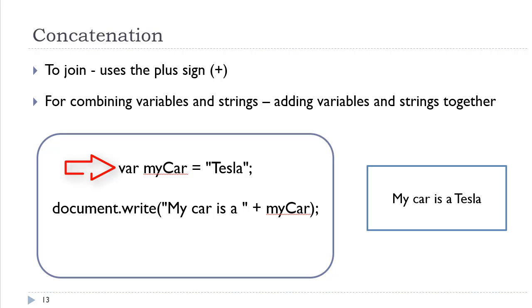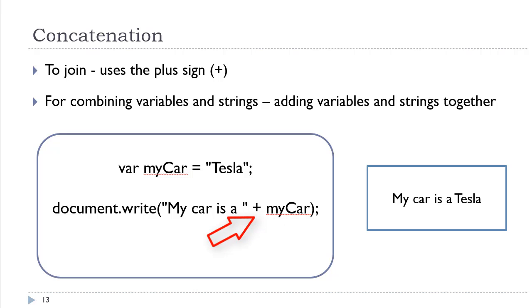In the example you see here, we have var myCar equals Tesla. Tesla is the value of the variable. In my document.write statement, I have a string expression, "my car is a", and I want to combine that with the value of the variable. I need to use the plus sign.